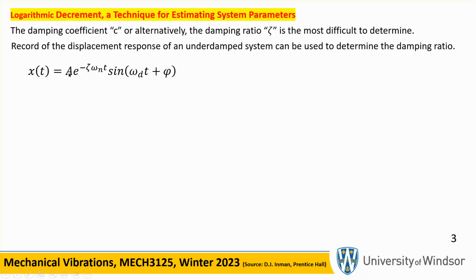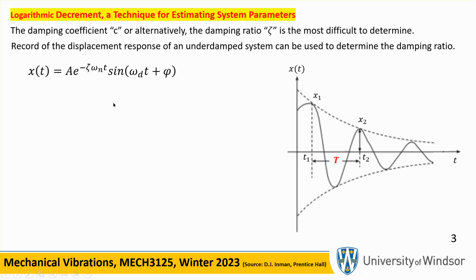Of course, notice that the amplitude diminishes as time goes on, because it's multiplied by e to the minus something. And as t gets bigger, this e to the minus gets smaller, and therefore the amplitude, which is the combination of the two of them together, is going to get smaller and smaller.